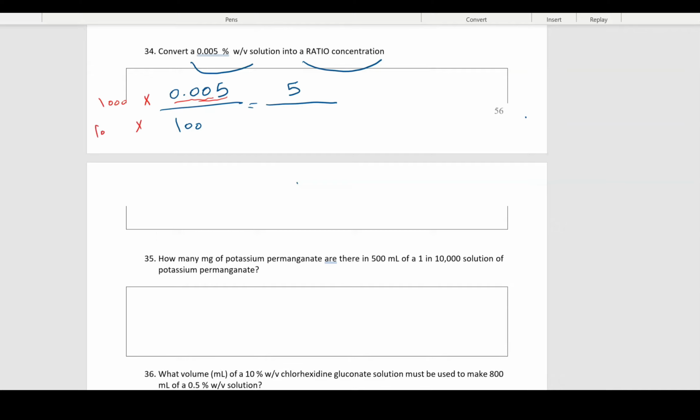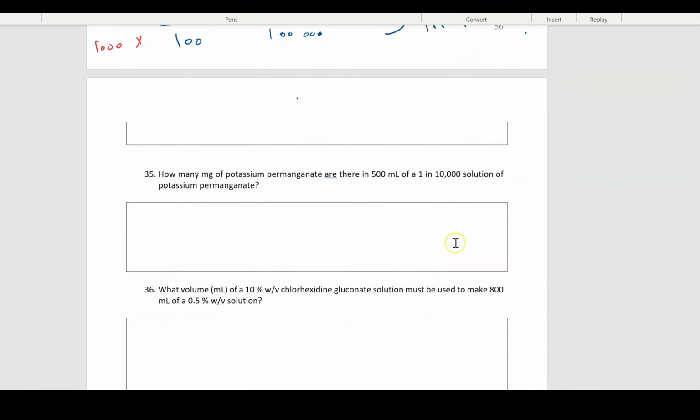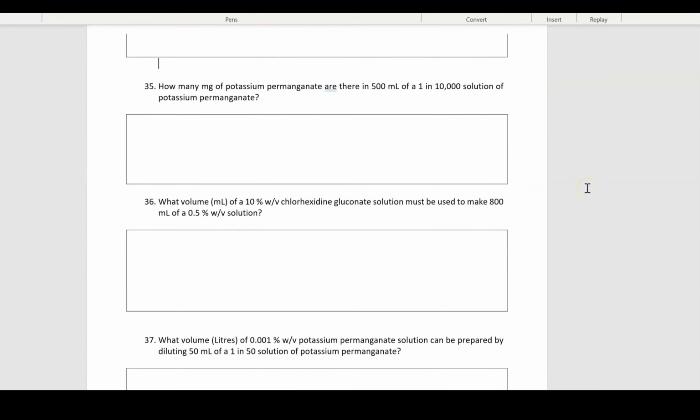Again, I have to multiply the denominator by 1,000, so that would be 100,000. So the ratio concentration is 5 in 100,000.